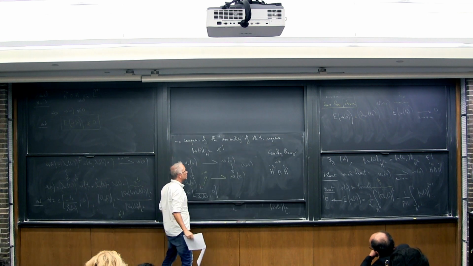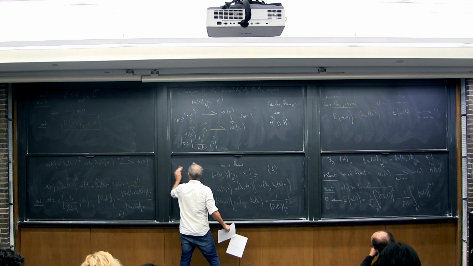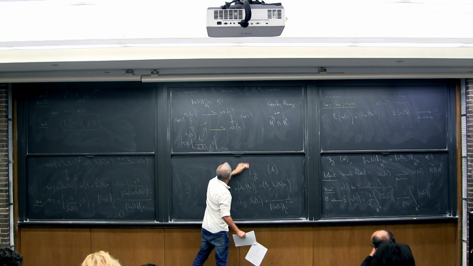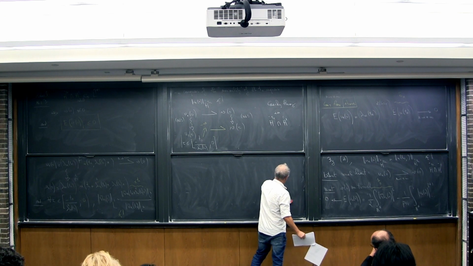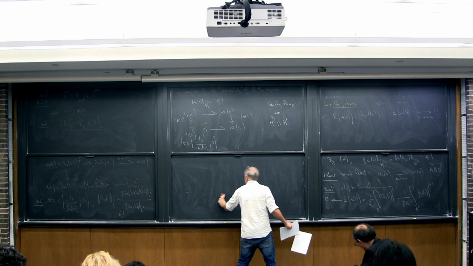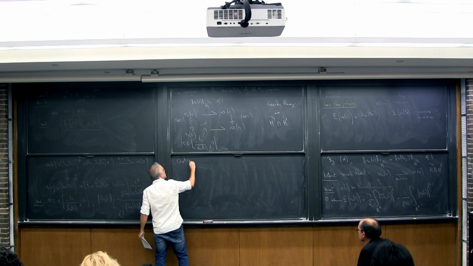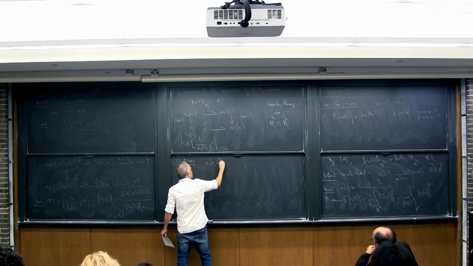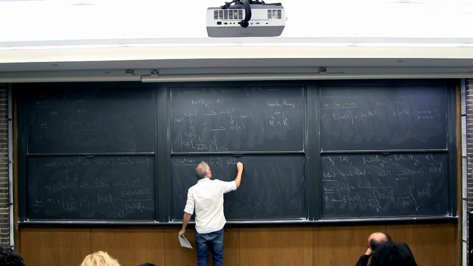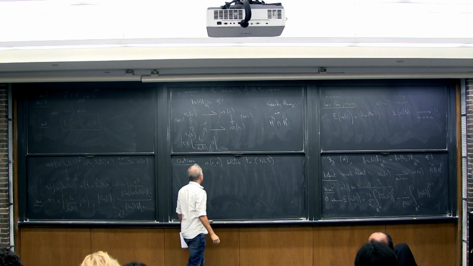Okay, and then what you have, so the outcome, what's the outcome? The outcome is that you have V of tau, a solution to NLS, which satisfies three things.